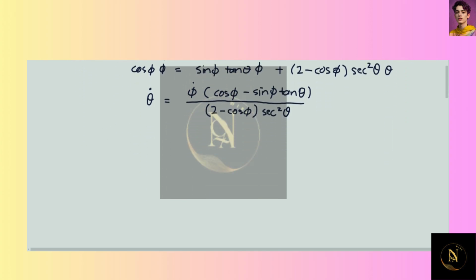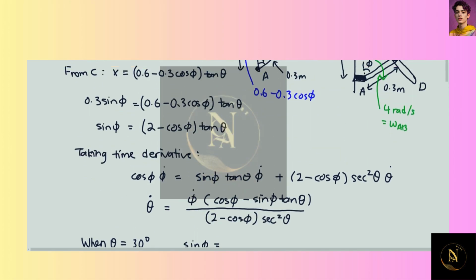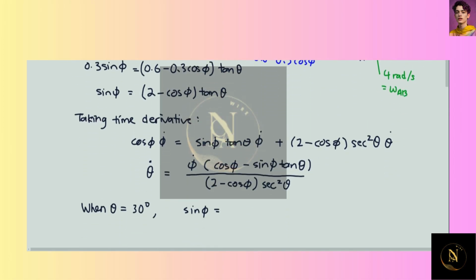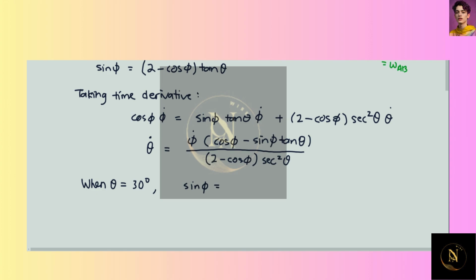Then the next thing is to find the value of phi when theta equals 30 degrees. So when theta equals 30 degrees, we substitute theta equals 30 degrees into this equation, so we have tangent 30 degrees.